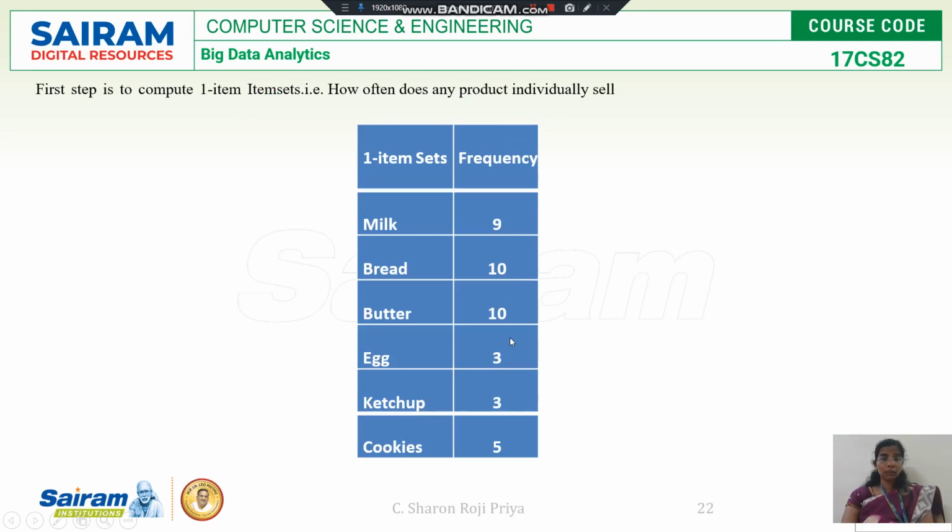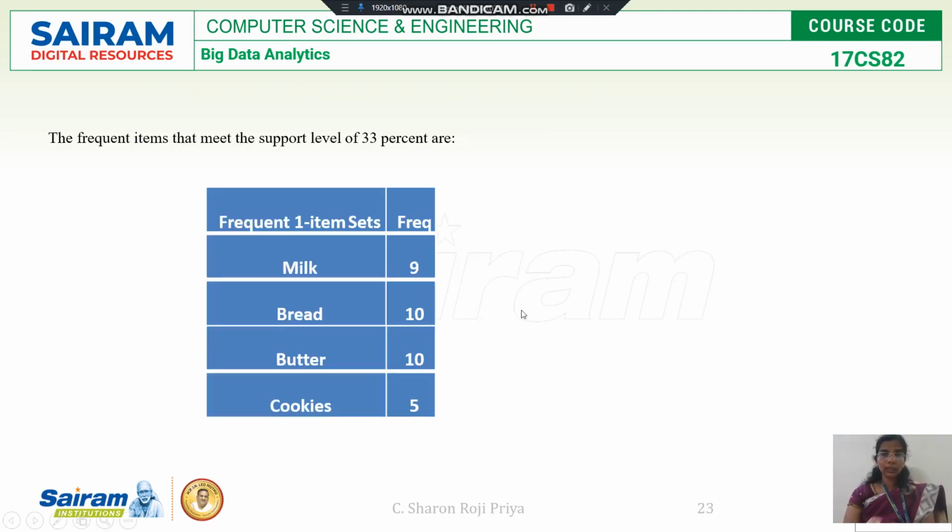Similarly, 10 divided by 12. Only this one is 3 divided by 12, which gives 25%. So these two won't satisfy the minimum support level, and you have to discard both. So you will get only 9, 10, 10, 5.